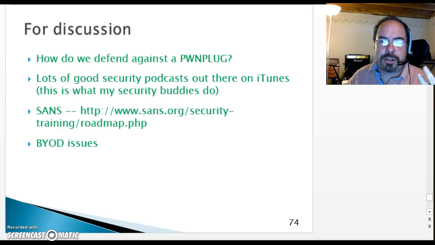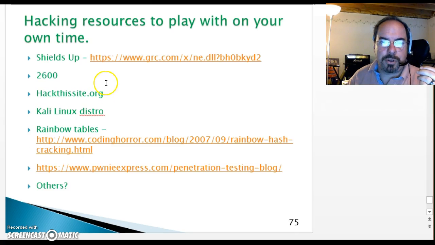Security podcasts are another way to kind of stay sharp, I would say. SANS has a lot of good stuff online around security. There are all kinds of web pages. GRC is a good site for security, and he also has a nice security podcast. I love 2600, the magazine. It's an old hacker magazine, 2600.